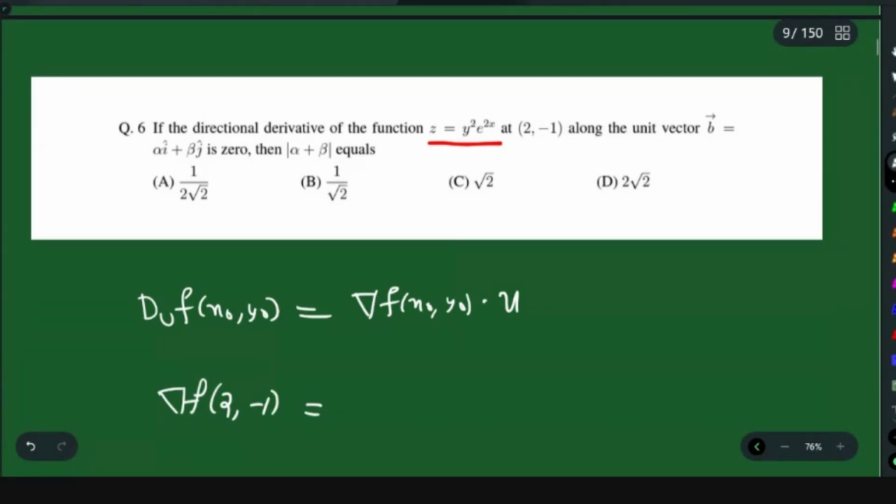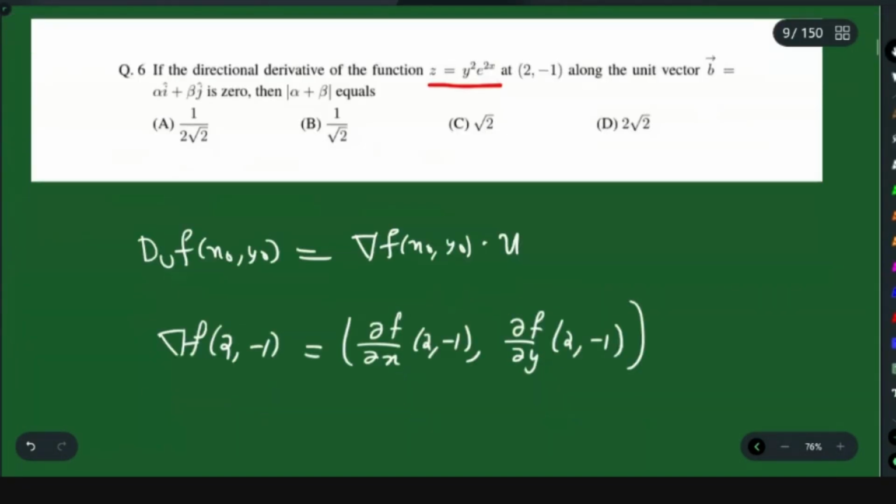In fact, this is dou f by dou x at (2, minus 1) and dou f by dou y at (2, minus 1).